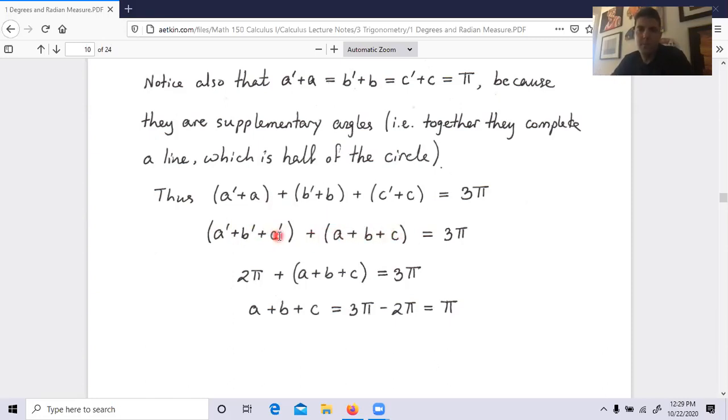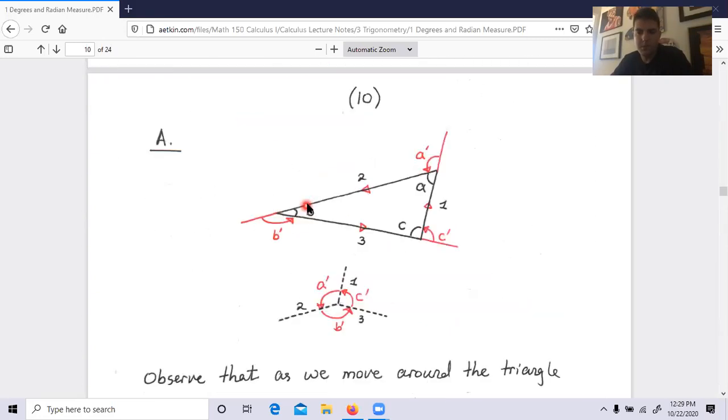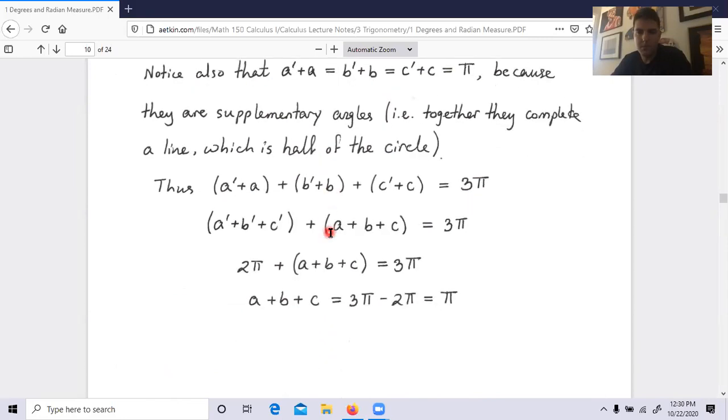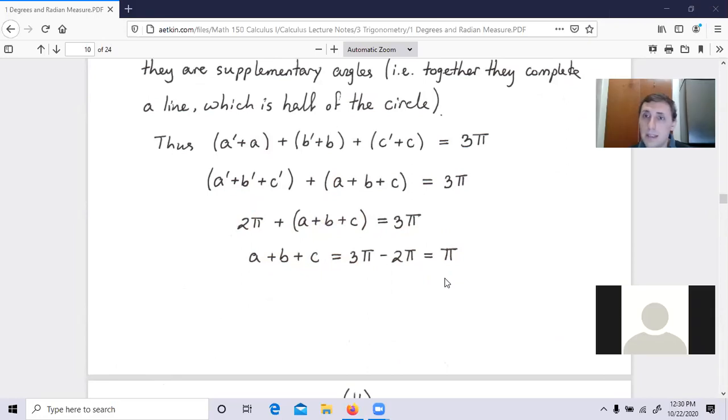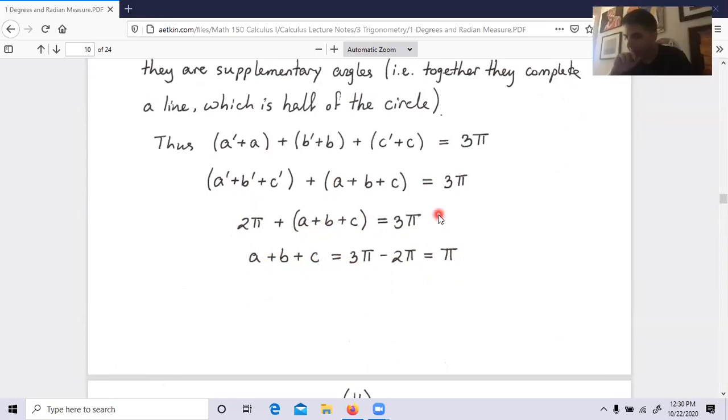So we have this plus this is 3 pi. But I know the sum of the outer angles is 2 pi. So it's 2 pi plus A plus B plus C, which is 3 pi. And that means that A plus B plus C is 3 pi minus 2 pi, which is pi. I just very easily proved that the sum of the angles inside of a triangle is equal to pi.